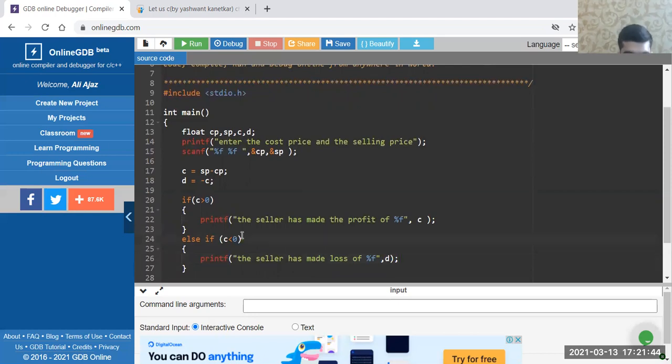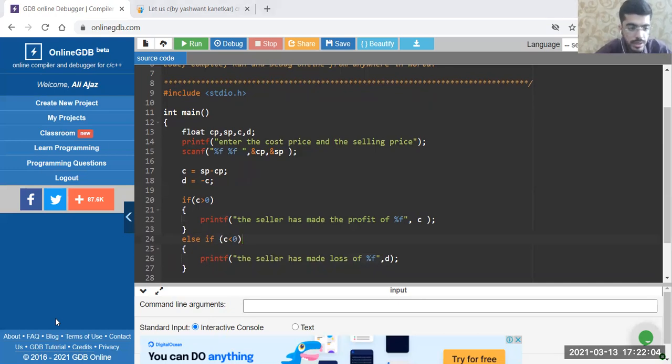Basically, the reason we have used d over here is that if the cost price is higher than the selling price, the answer will come out negative.